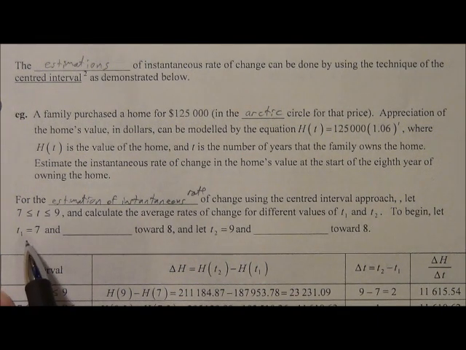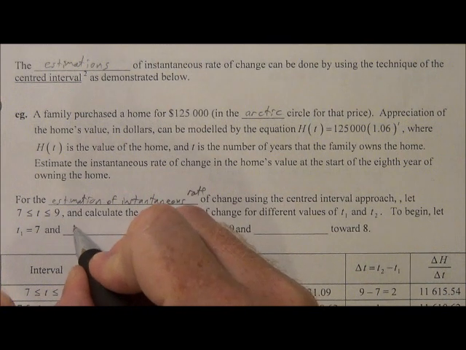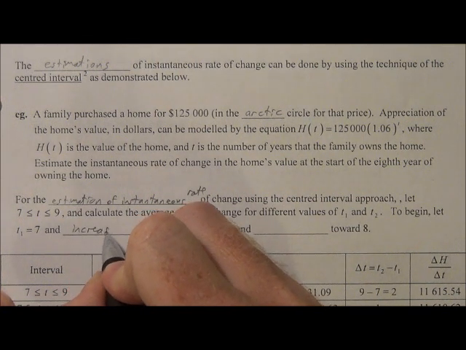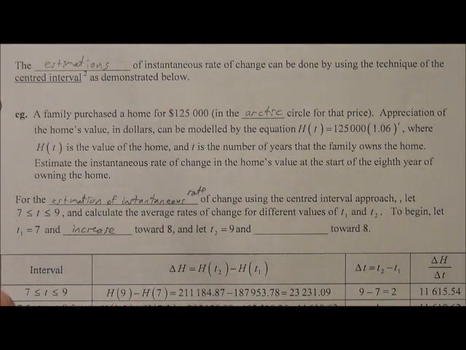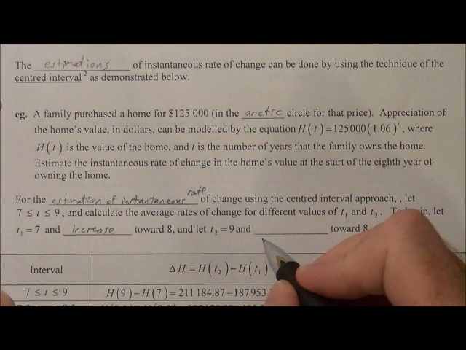So first we're going to say t1 is 7 years, and t1 is going to increase toward 8, and we're going to let t2 equal 9 years and decrease towards 8.